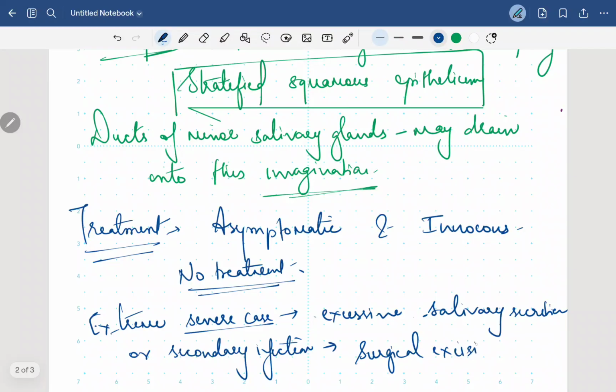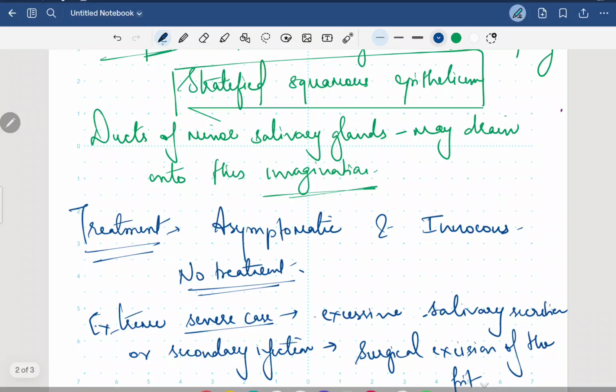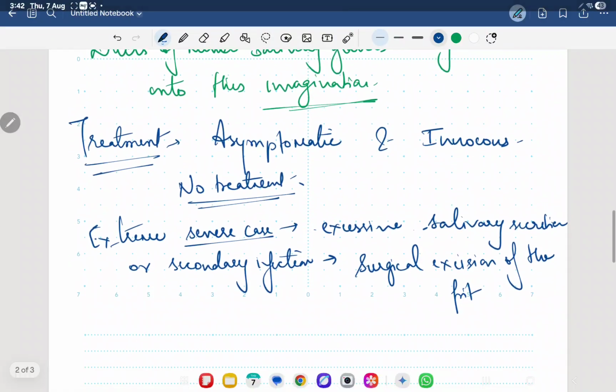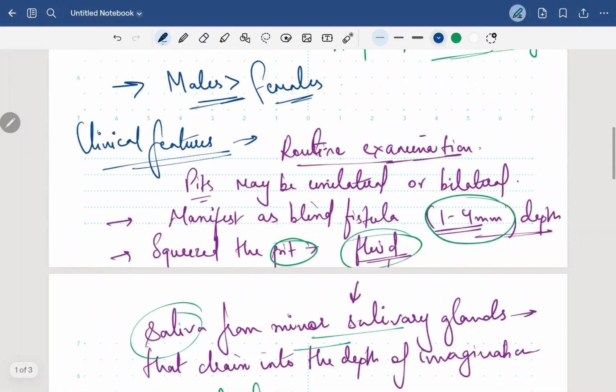Otherwise, there is no treatment required for this commissural lip pit. Okay, so that is the case of the commissural lip pit.